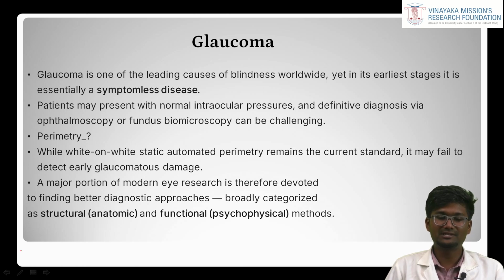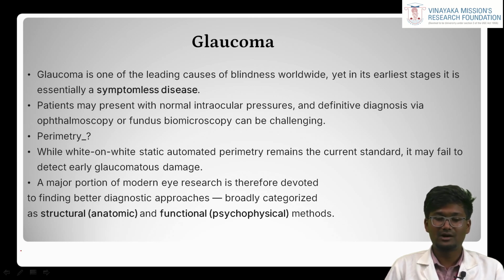It may fail to detect early glaucomatous damage, because there are lots of studies on the correlation between visual field perimetry and the structural changes of the optic nerve head. Finding the earliest stage is difficult.